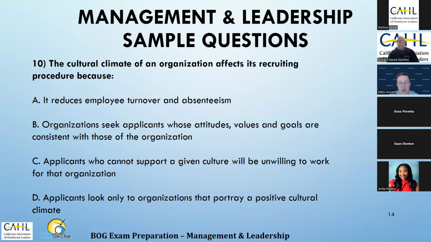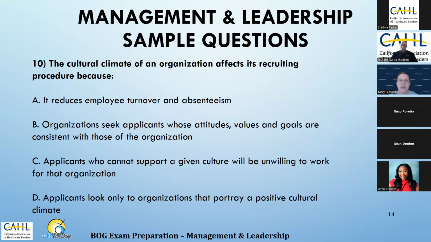Okay, process of elimination. I think A, reducing employee turnover and absenteeism. We're talking about recruiting procedure, so employee turnover and absenteeism isn't really focusing on the recruitment process. I'm going to eliminate that because, in my opinion, it's not dealing with the question. We're basically talking about an organization's culture in its recruitment efforts.